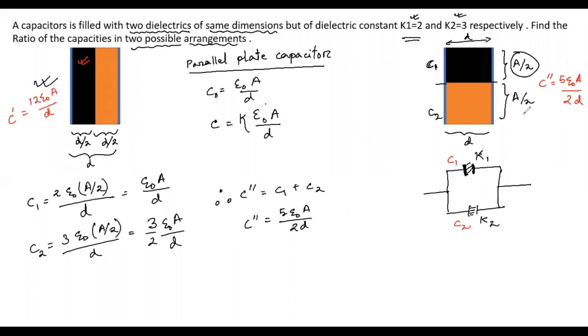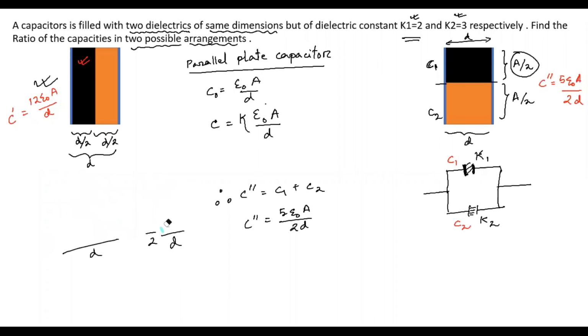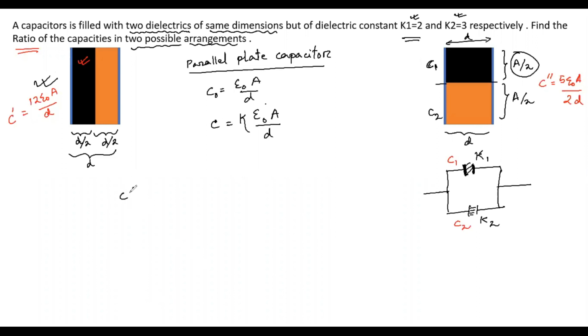Alright, so this is how we are going to find the capacitance of these two arrangements. Now what we will do is find the ratio of these two capacitances, because that is what is asked. Ratio of capacitance: C dash by C double dash.